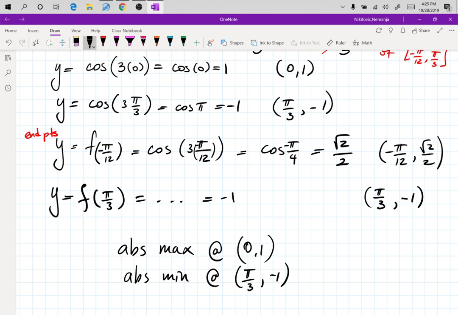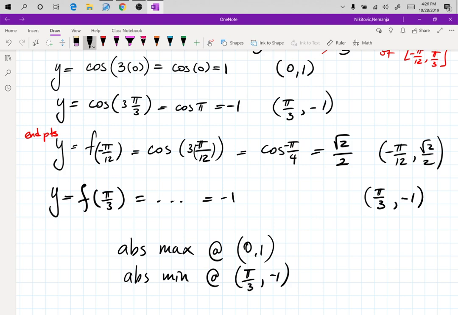So that will be the full problem where you use the first part of the lecture to take care of the function in between the endpoints, and then you just compute y values for the endpoints, and you see which one is the max, which one is the min, and all of that good stuff.